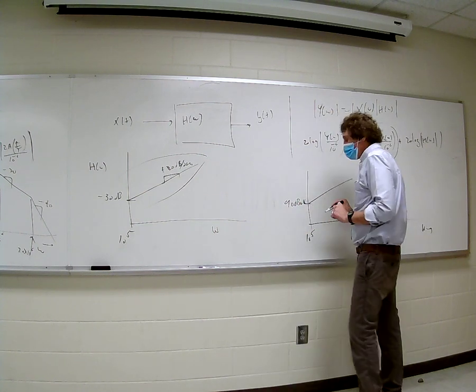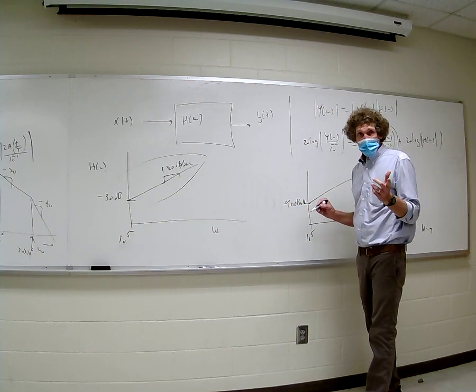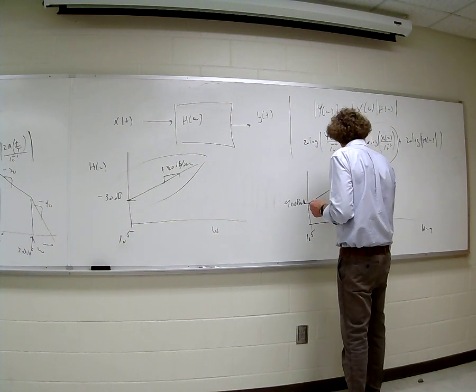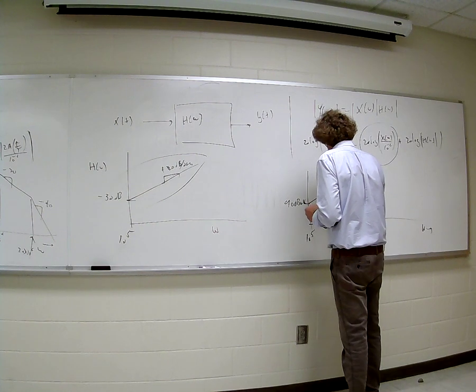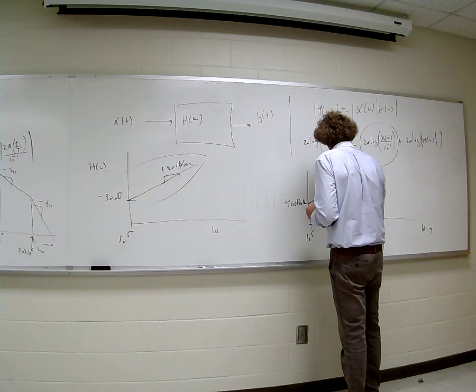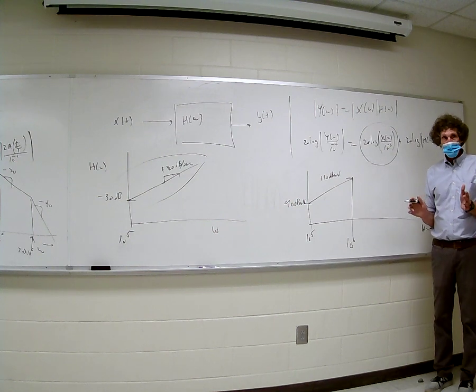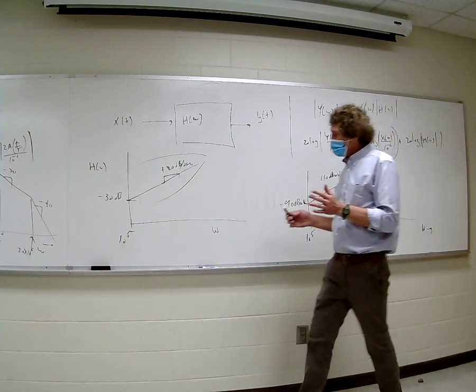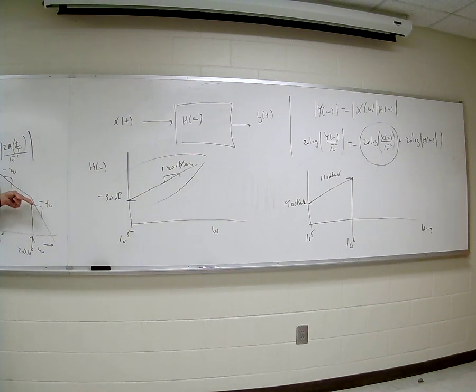So if I add 20 to 90, what do you get? 110 dB, agreed? So now, at 10 to the 6th, I have 110 dB microvolts. You agree with me? Follow me what I'm doing? Keep going now. Now, at that point, this starts going down at 20 dB per decade, right?